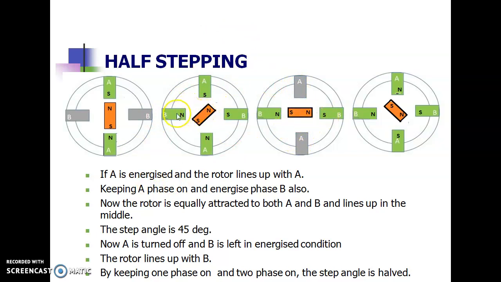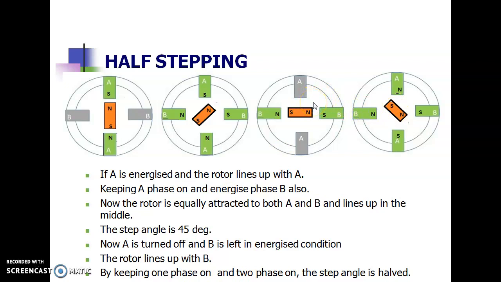It will line up with B, so from this 45 degrees to the horizontal position, that means another 45 degrees. This will be continued: every time we keep one phase on, then two phases on, and the same thing is repeated. By that we are getting half the step angle.